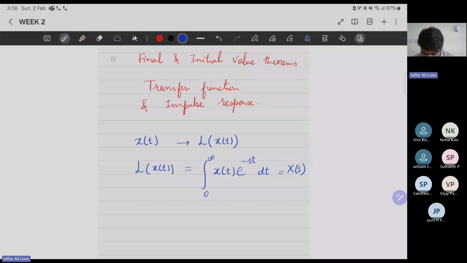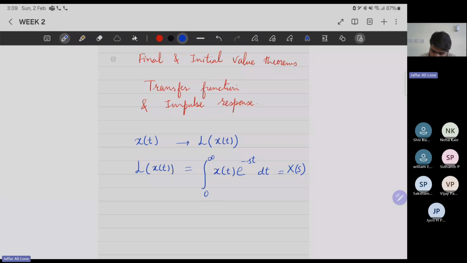So this is the formula for Laplace transform. There is something called unilateral Laplace, something called bilateral Laplace, but in any case, we are assuming the signals to be causal and start only at t equal to 0.